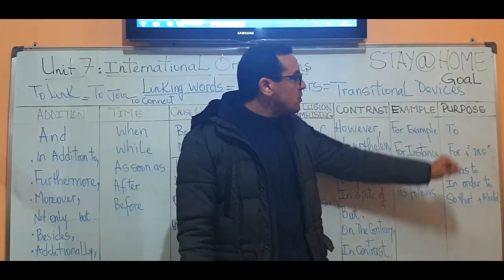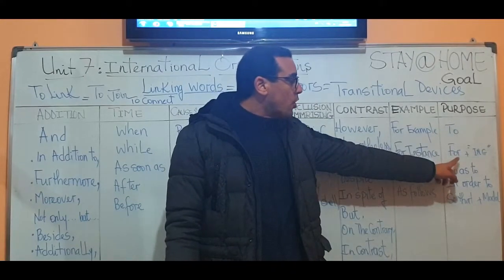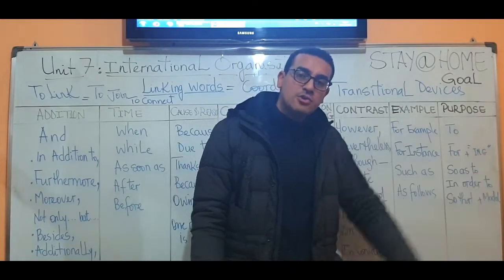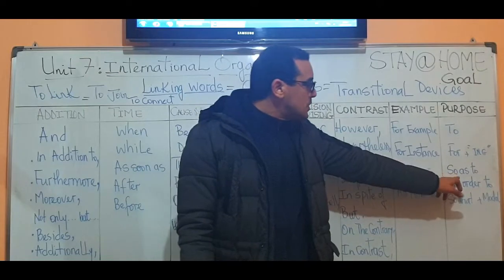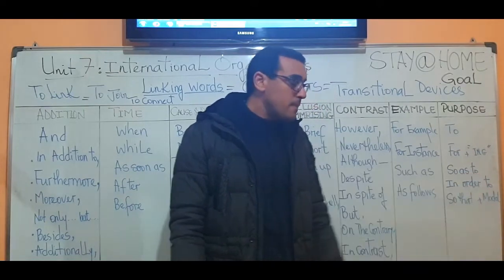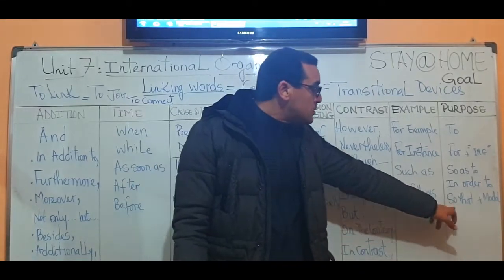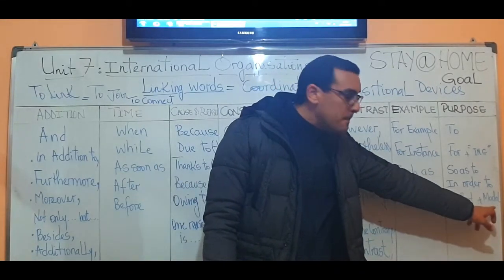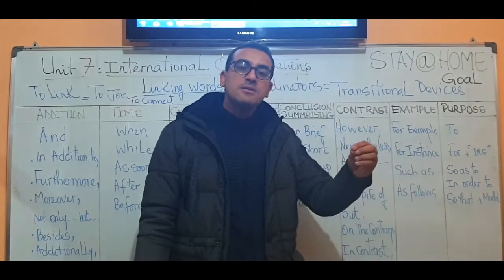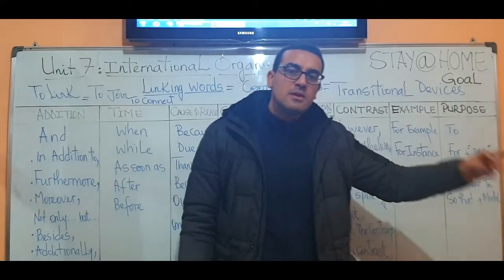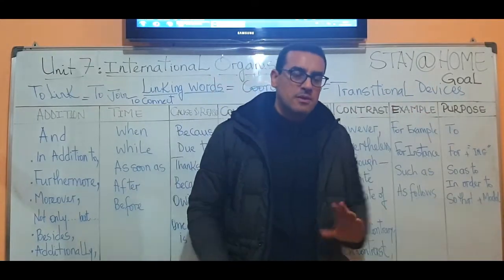So we have to, for plus ing, so as to, in order to. So that plus modal verb. So that I can do something. So that I would do something.